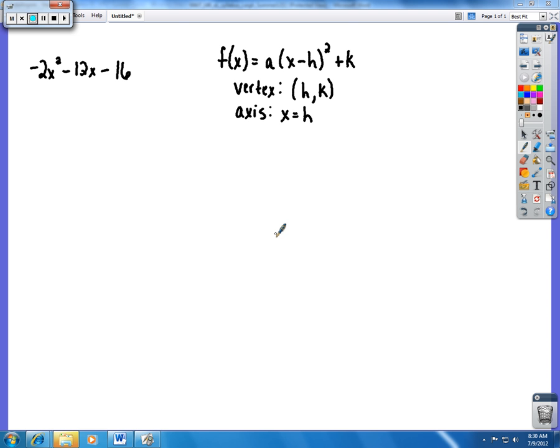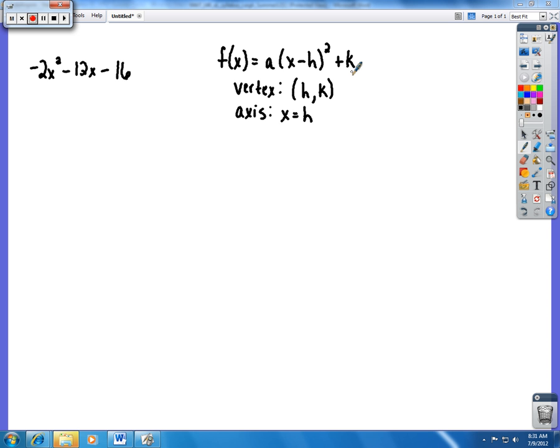The first thing we should maybe talk about, this right here, is kind of a basic quadratic function. It's in the form ax squared minus bx minus c, where a, b, and c are constants. Relating that to this over here, we're essentially going to transform this basic quadratic into this form here, and we do that by a process called completing the square.